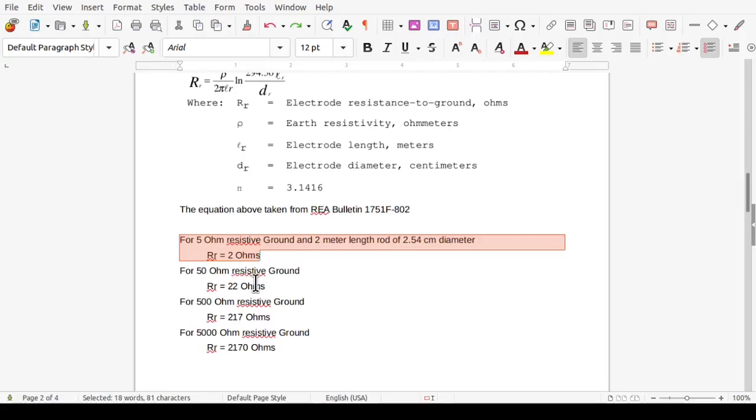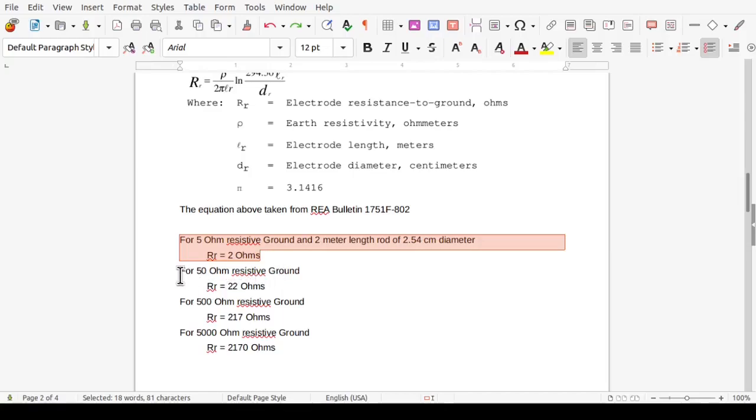Well, this is much better than 100. However, I said 5 ohm meter resistive ground. If we go back to that chart, that is the sweetest of all deals and is highly unlikely.